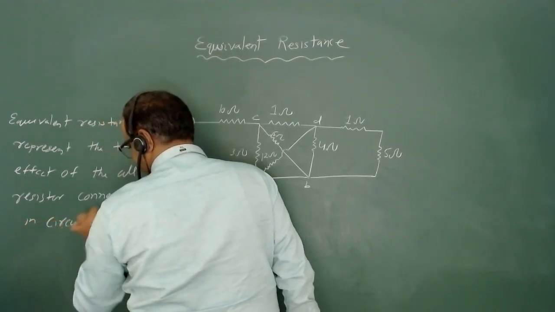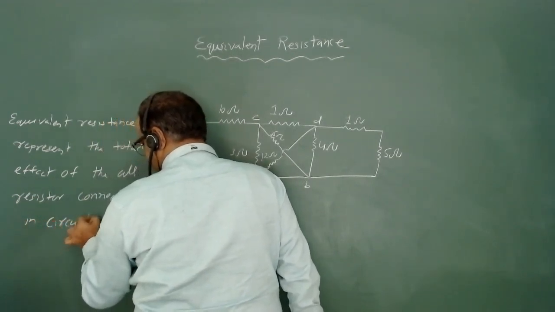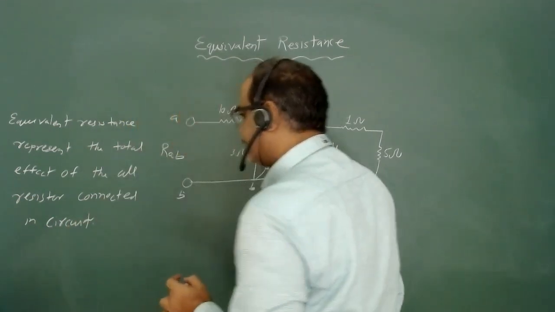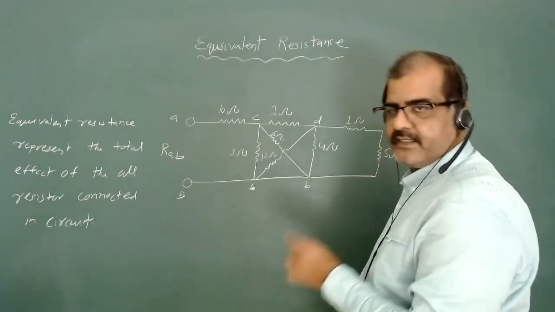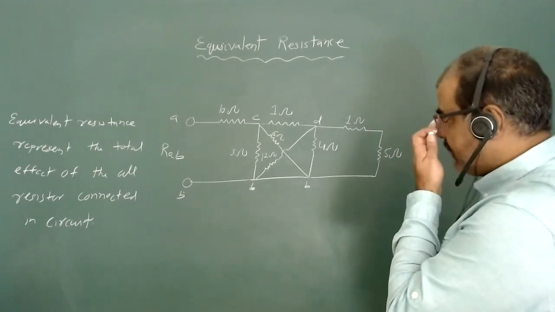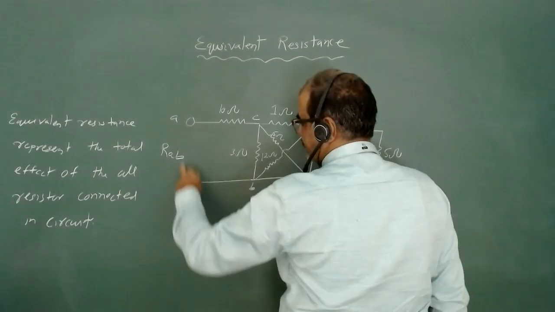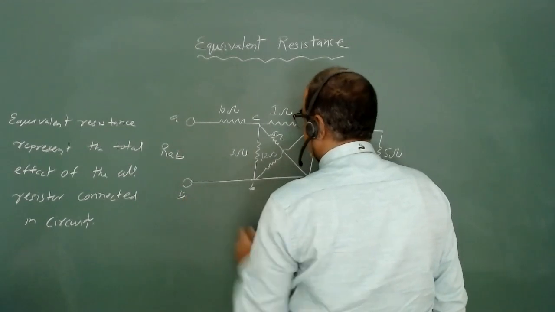So in simple language, R equivalent is the sum of the resistances connected in the circuit. Now I want to calculate RAB, the equivalent resistance across AB.